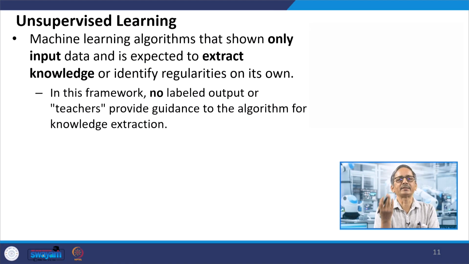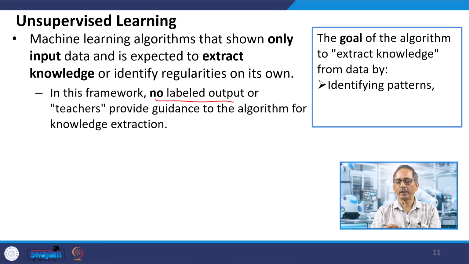It is a machine learning algorithm that is shown only input data and is expected to extract the knowledge or regularities on its own from the input data. We do not have the labeled output, or a teacher providing guidance to the algorithm for the knowledge extraction. So, the goal of the algorithm is to extract knowledge from the data.